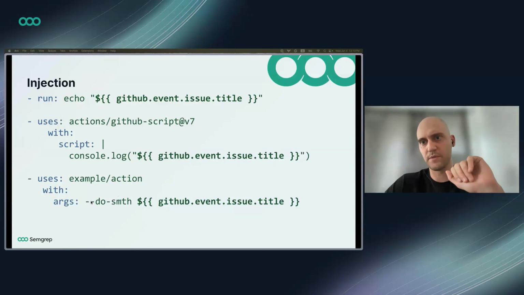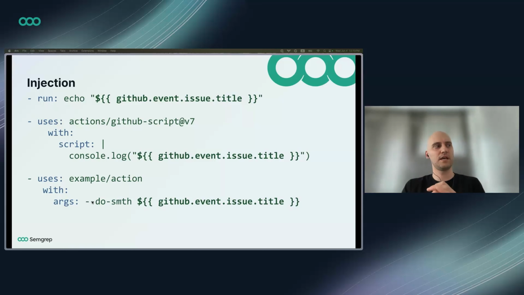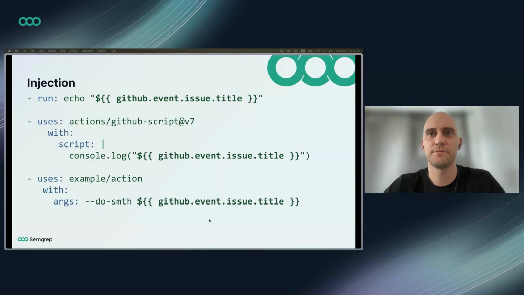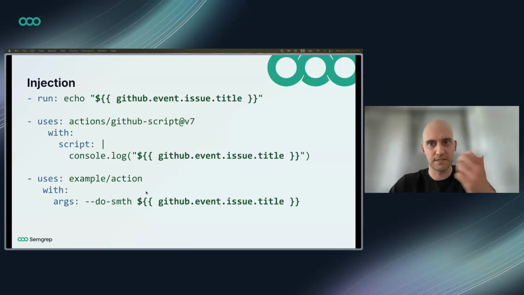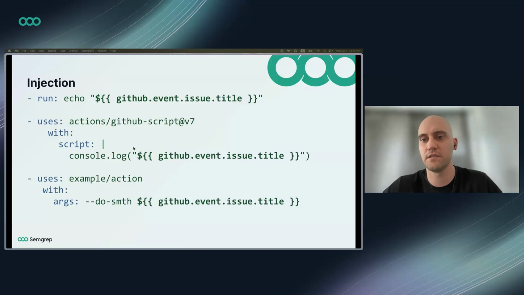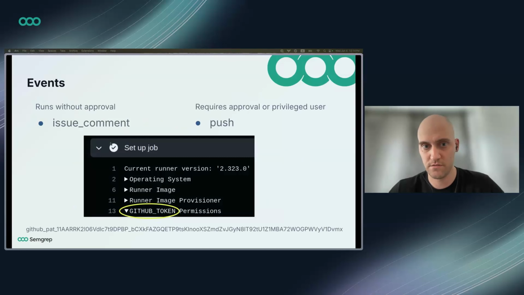And many times I saw that inside this custom action, they just concatenate the string together and evaluate it, meaning that if you can control this part of the arguments, you can basically do the very same thing as here. But it's not the full list. You need to be creative about it. It can happen in many other places as well, but this is, I would say, the most common.